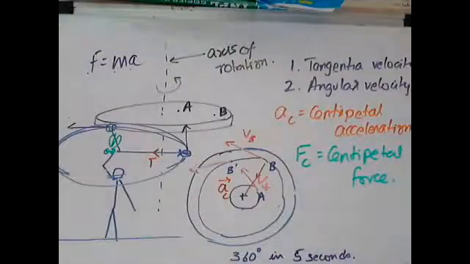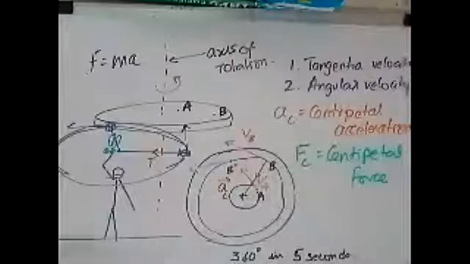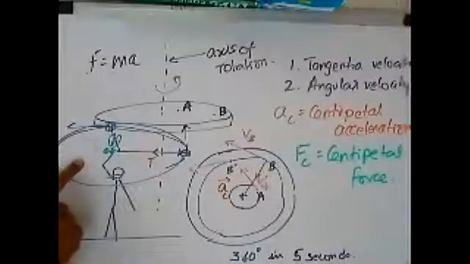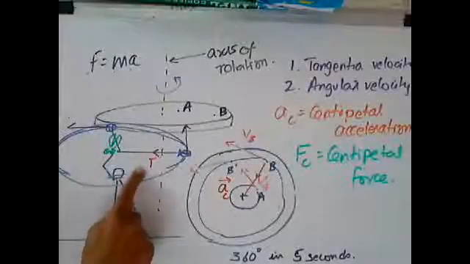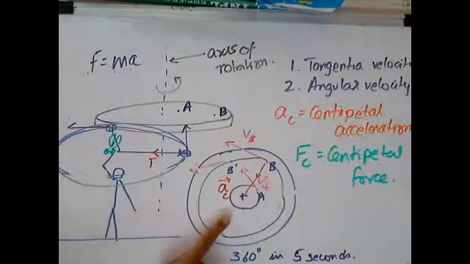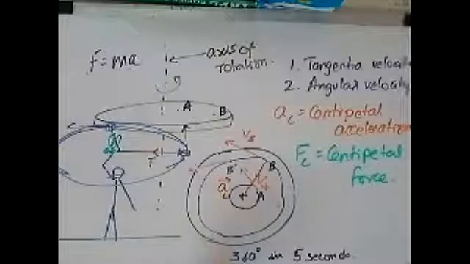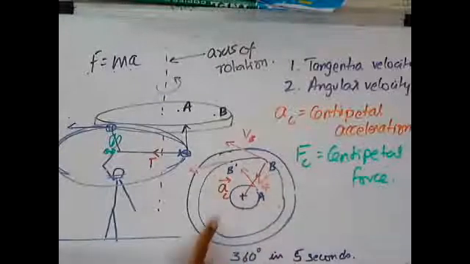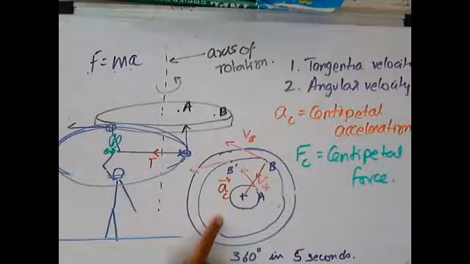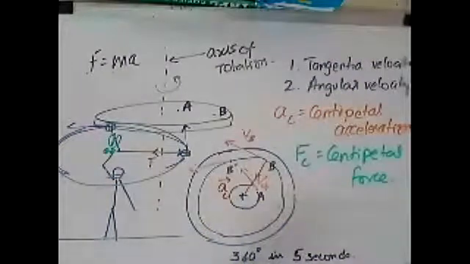In the case of this example, the centripetal force was the tension in the string. If it's a plastic disc that is rotating, then you can say it's polymer bonds. If it is a metal disc that is spinning around, then we can say it's metallic bonds.